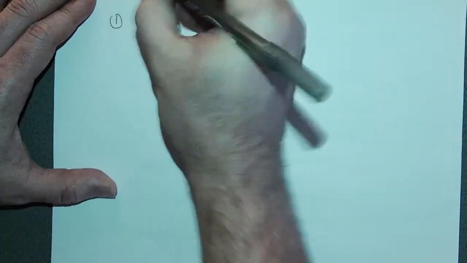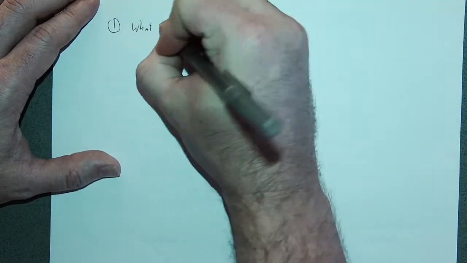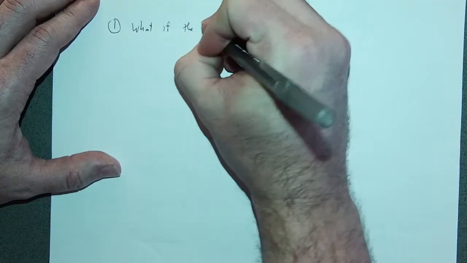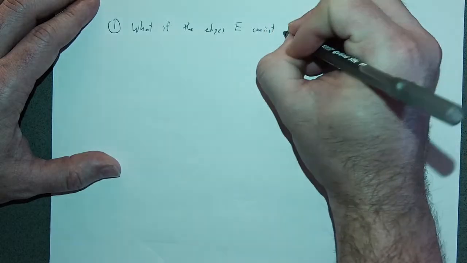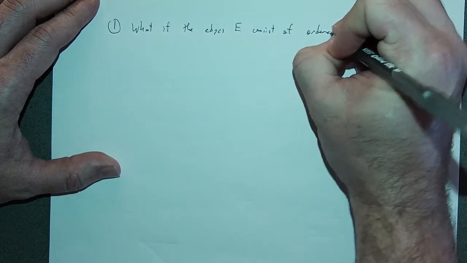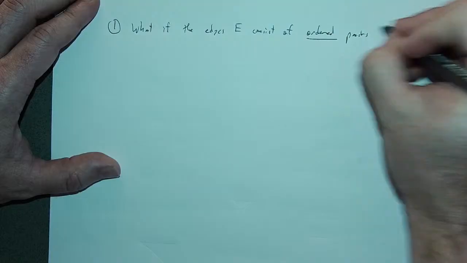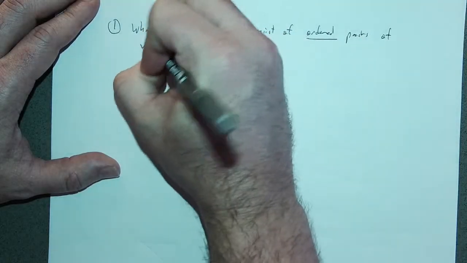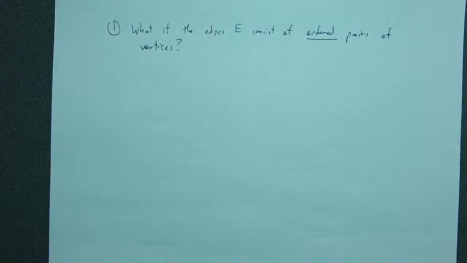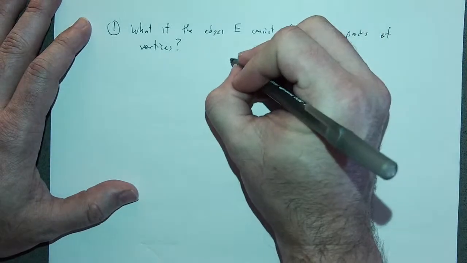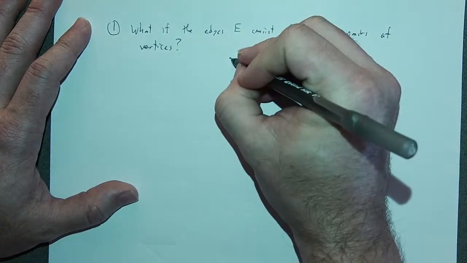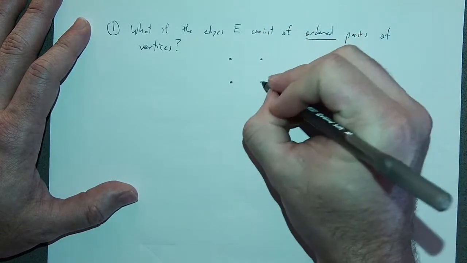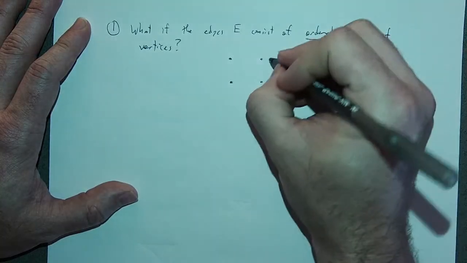So very first thing I could do, so what if the edges E consist of ordered pairs of vertices? So I'm just going to draw, again, a quick picture here. So here, maybe I'll even add this over here.